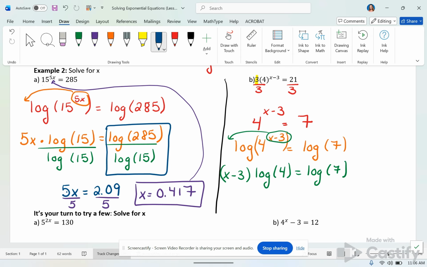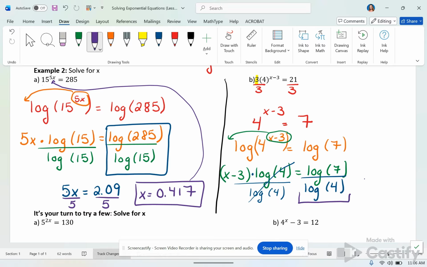Just like before, this x minus 3 is being multiplied by that log of 4, so I'm going to divide both sides by log of 4 because then those cancel. Those are gone. So then I have log of 7 over log of 4. What you could do now on your own is try to type this in.